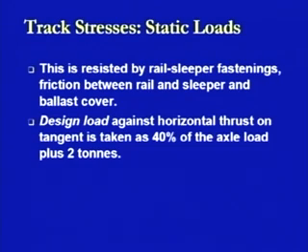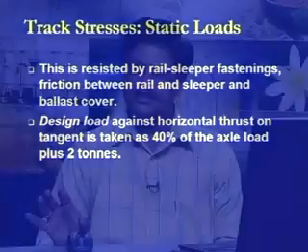On the basis of this amount of load transferred to the fastenings, those fastenings need to be designed. We will be taking up these fastenings separately again, and we will see that when we design those fastenings, they are defined in terms of certain loads which come at the toe of those fastenings. That is the minimum load or capacity which should be there for those fastenings, and that is coming from this point of track stresses.